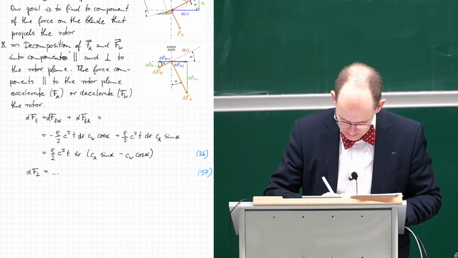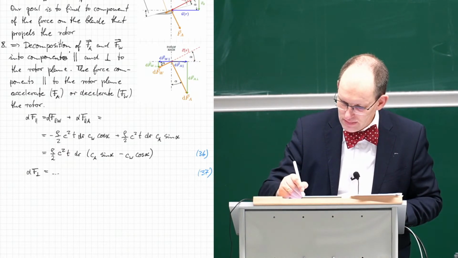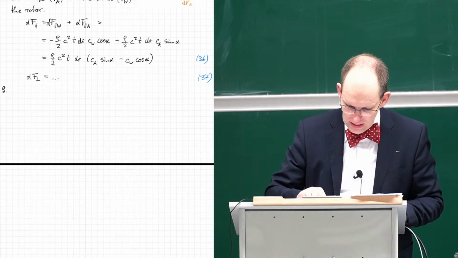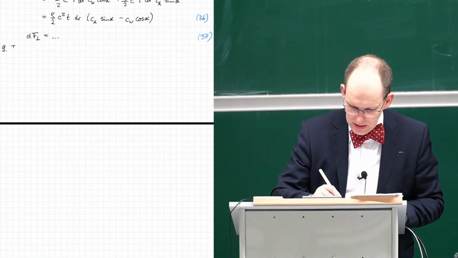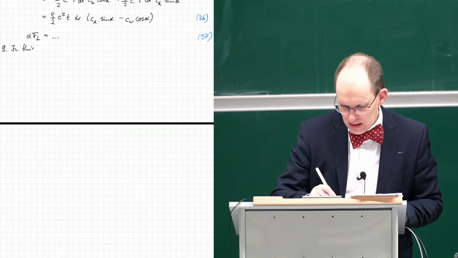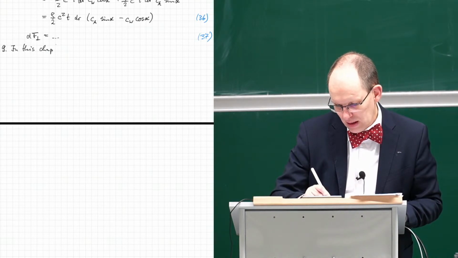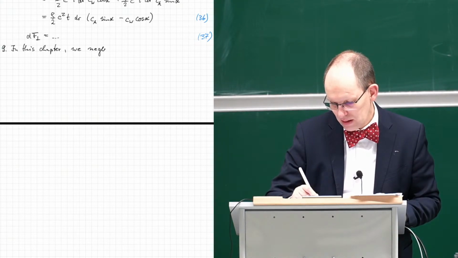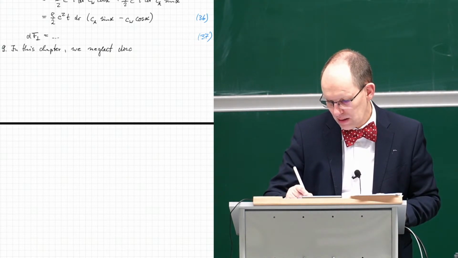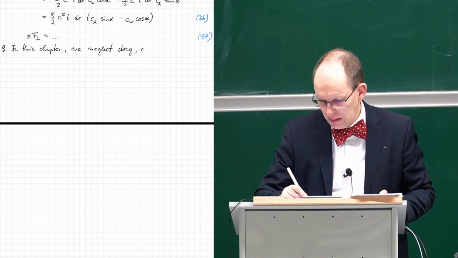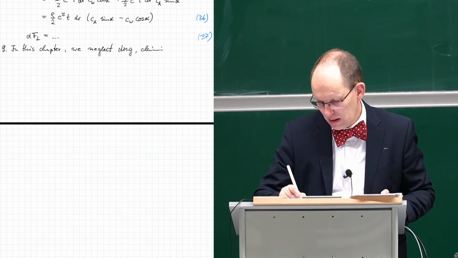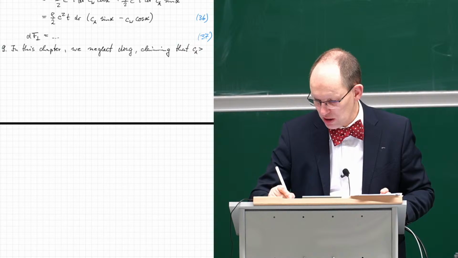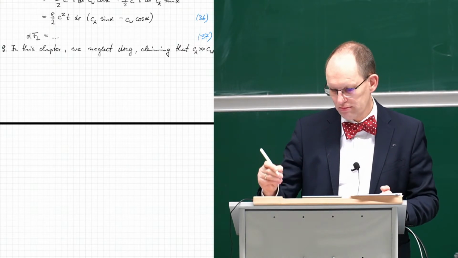So in this chapter we neglect drag, claiming that CA is much larger than CW. Yeah?